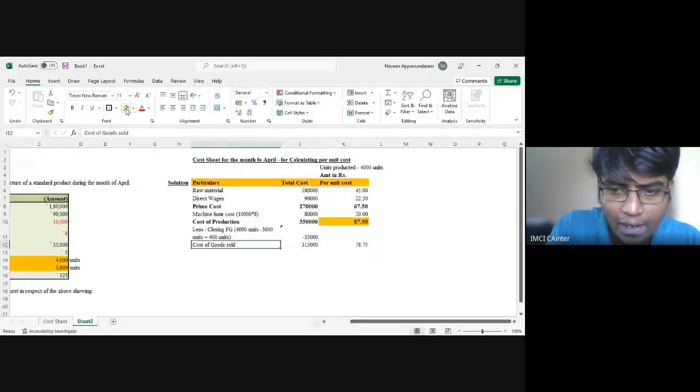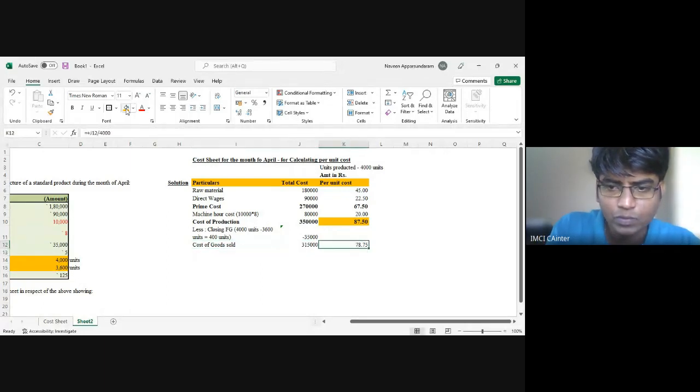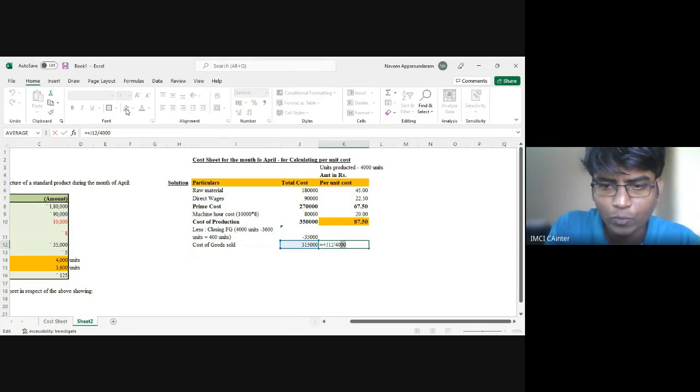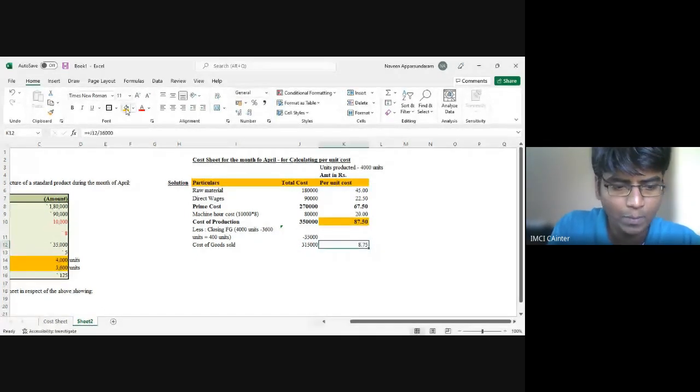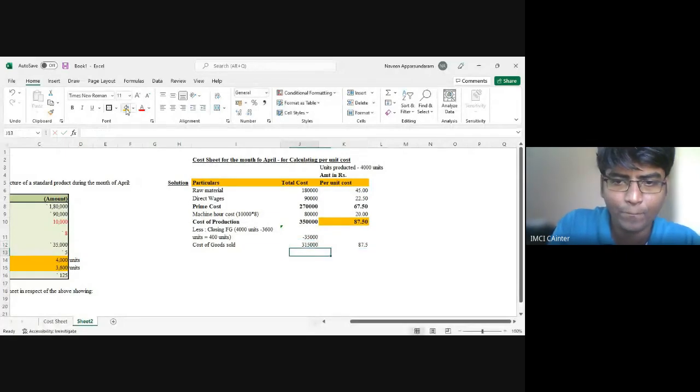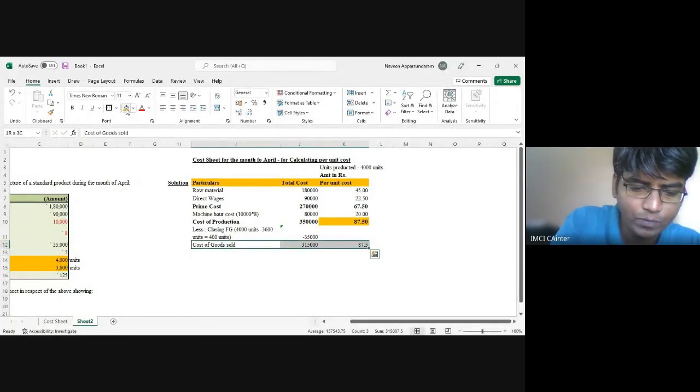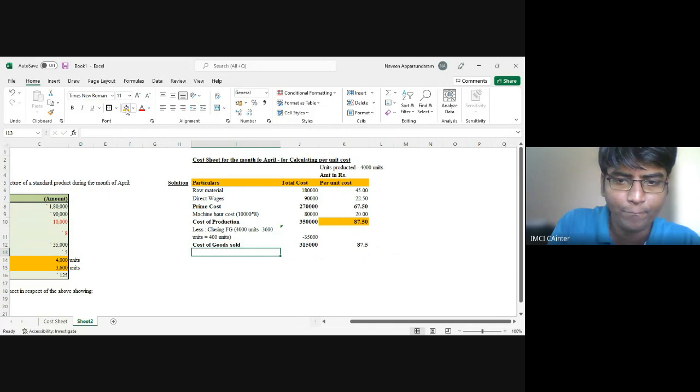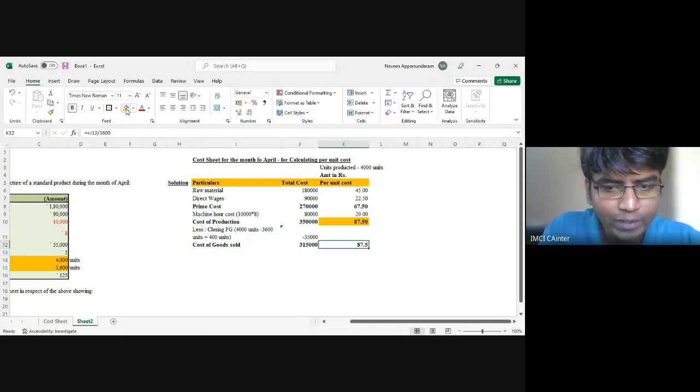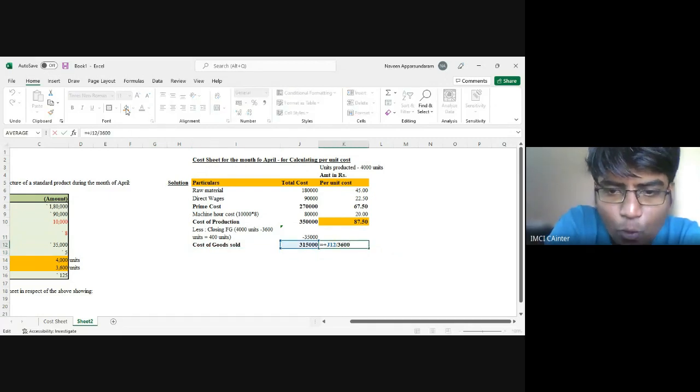Then add, again, it will not be 4,000 units, it is 3,600 units. I'm just reducing that, correct? 87.5 is the value. See why I'm putting this 3,600 units. Hope you're aware.